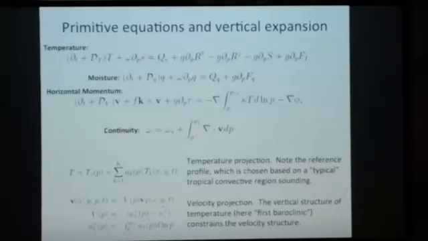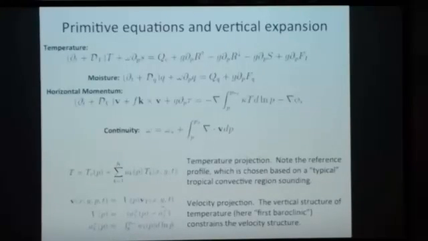But the radiation is now split into shortwave and longwave, and then a turbulent exchange, the last term on the right-hand side, which, when we do the integral over the vertical, becomes the sensible heat flux.